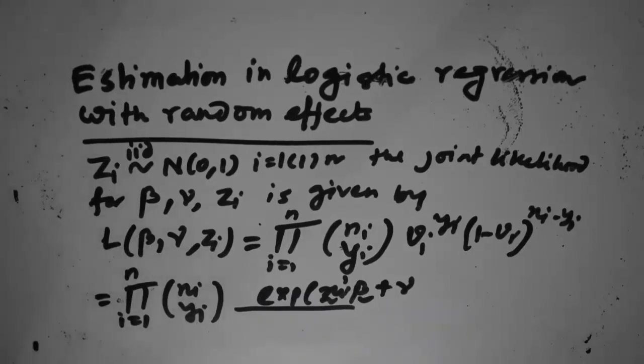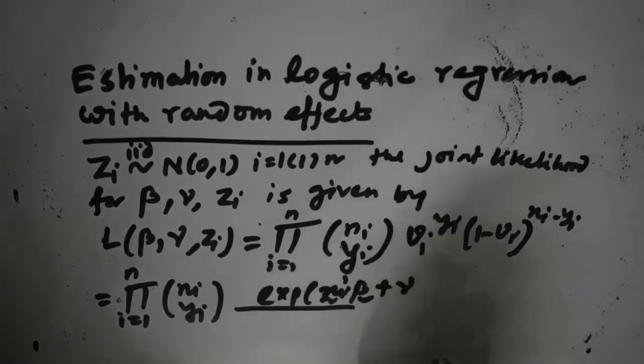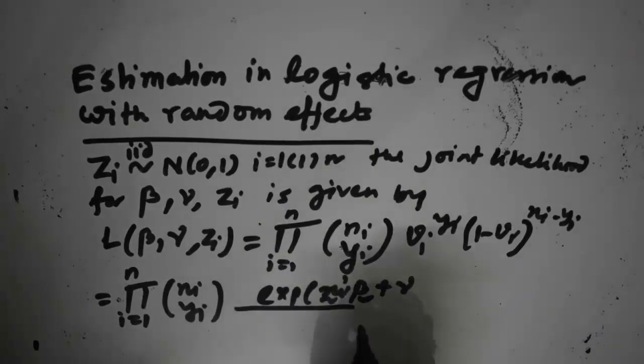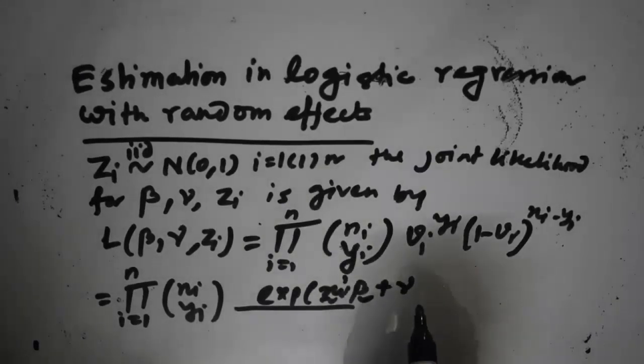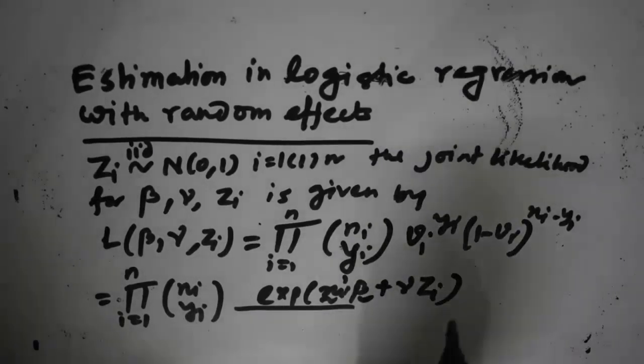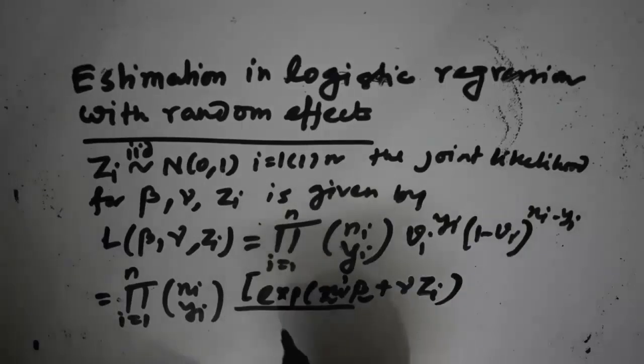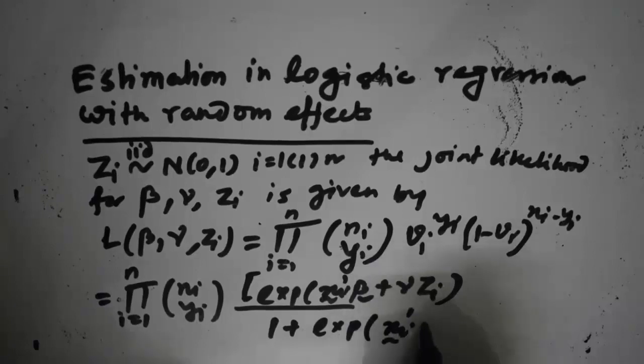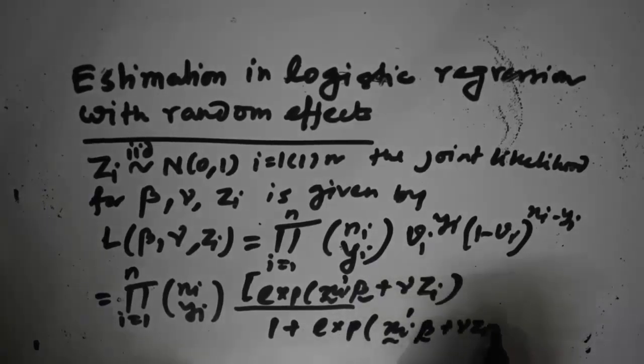I think it is better to write it instead of vi. Okay, no problem, given vi, suppose. So this is nothing but e to the power xi tilde beta tilde plus gamma Zi, divided by 1 plus exp xi tilde prime beta tilde gamma Zi.